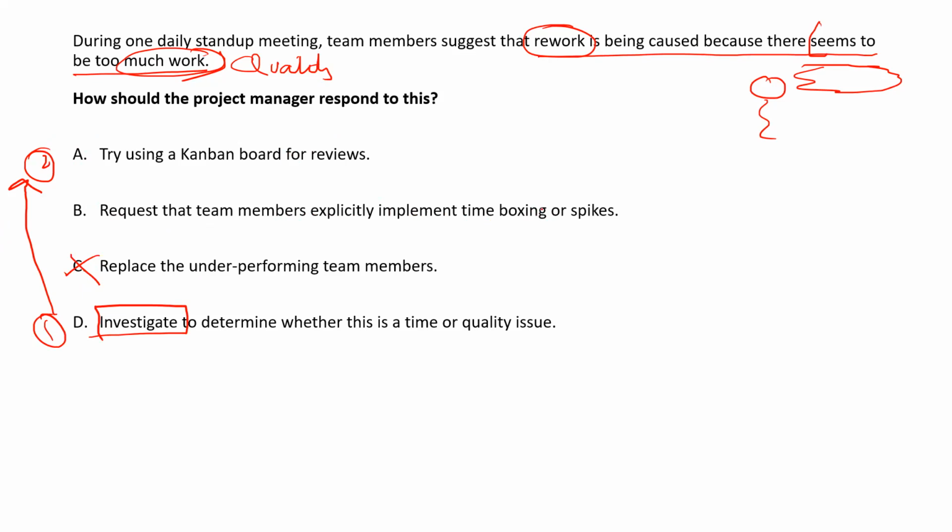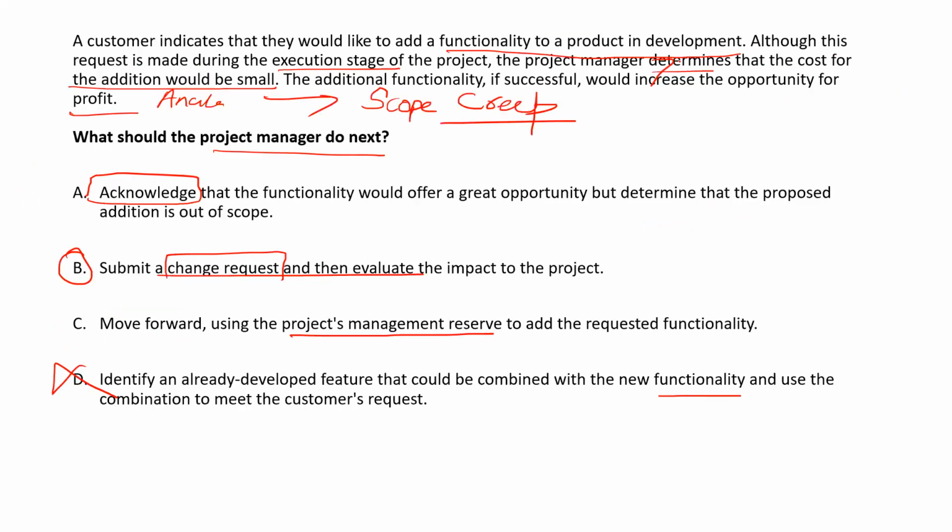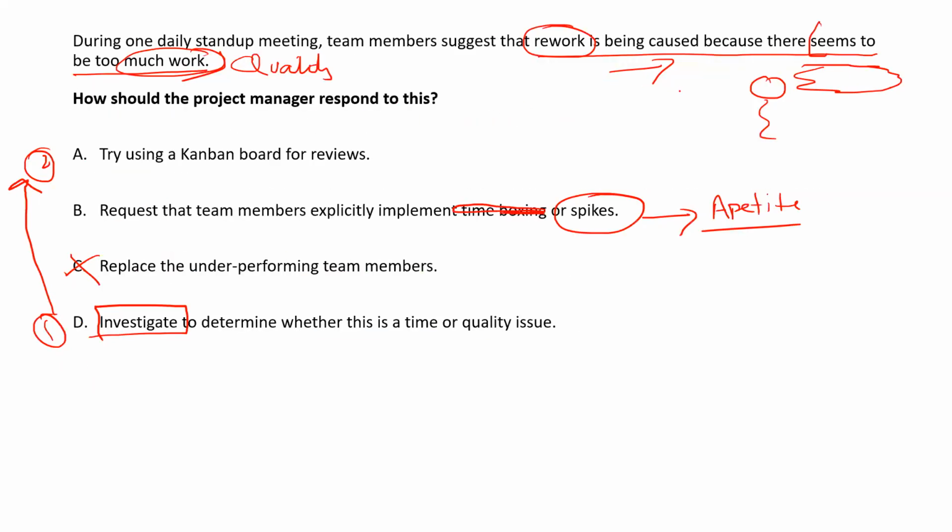Time boxing is already there. If I remove time boxing, by running the spike, you can check that the appetite is acceptable or not, which means can you finish the task in the required time or not. So yes, D was the correct answer.